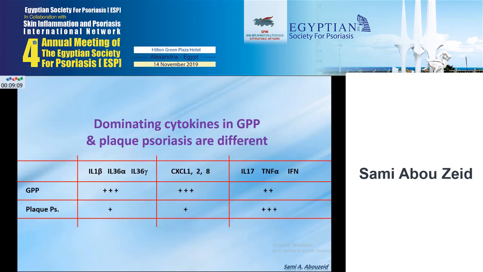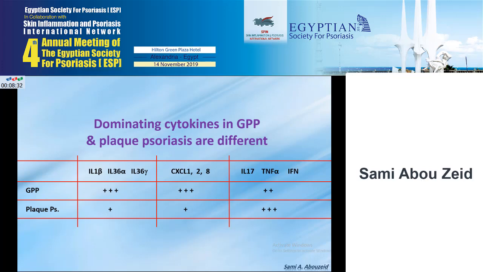These are the dominating cytokines in generalized pustular psoriasis and plaque psoriasis. They are different. In generalized pustular psoriasis, there is overexpression of interleukin-1 beta, interleukin-36 alpha, and interleukin-36 gamma, and it is rare expression in plaque psoriasis. Also, CXCL1, 2, and 8 are overexpressed in generalized pustular psoriasis and rarely expressed in plaque psoriasis.